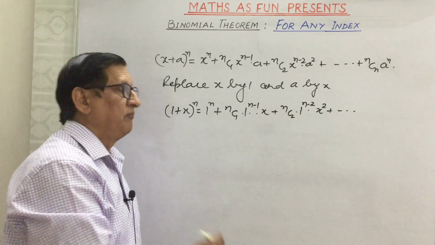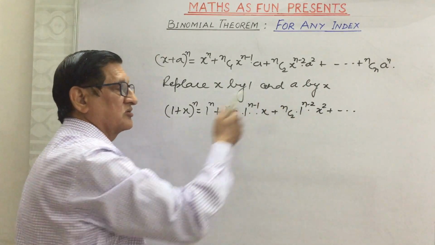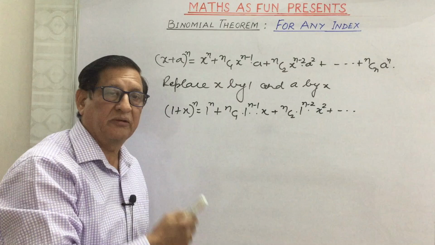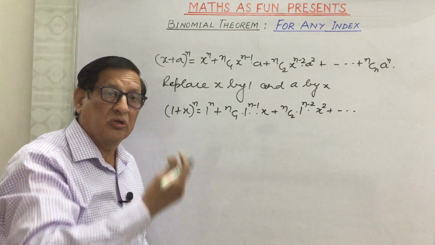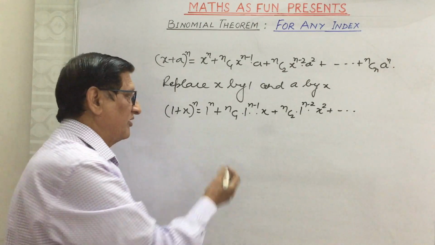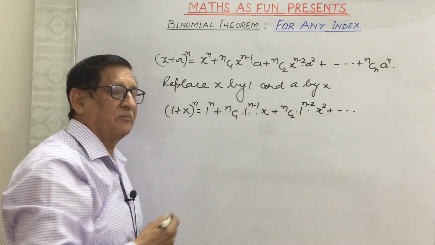We also know that the combinations nC1, nC2 etc. can be used only if n is a positive integer. But if it is not a positive integer, we will use their values in the terms.